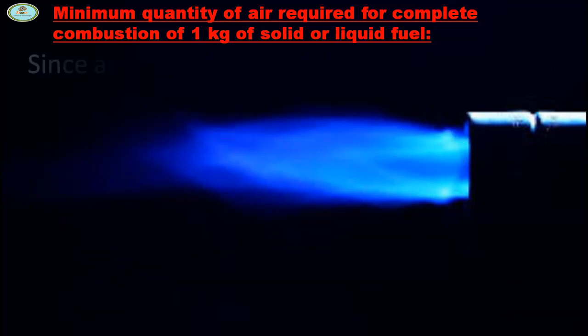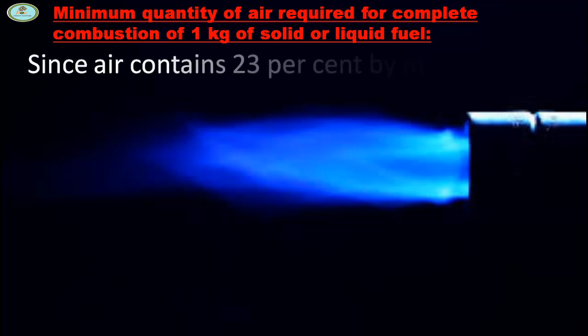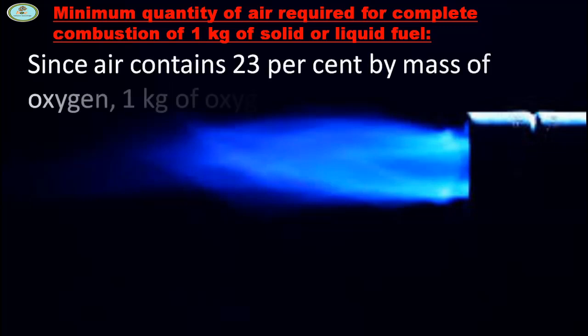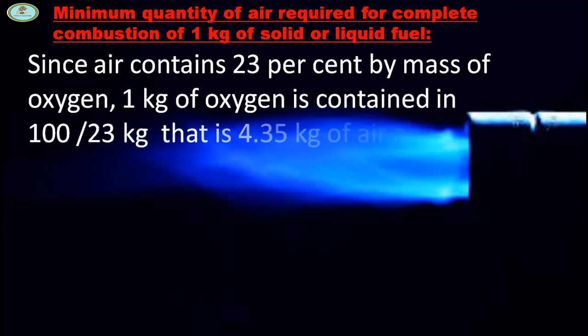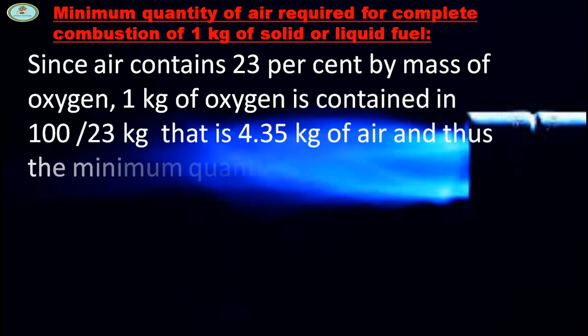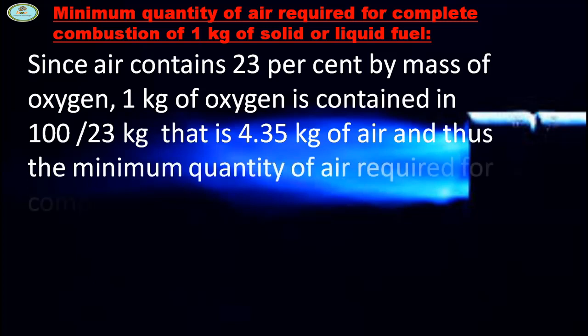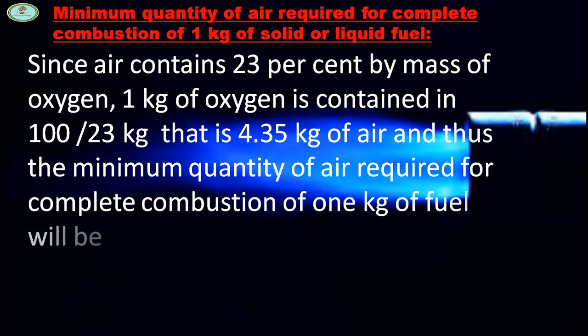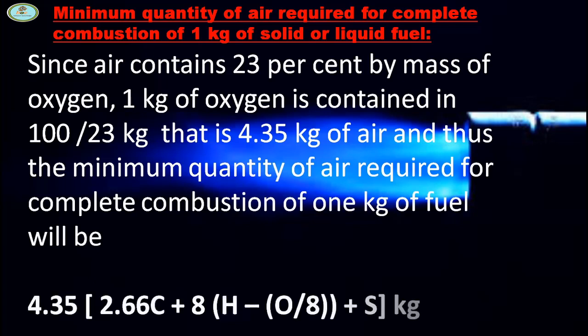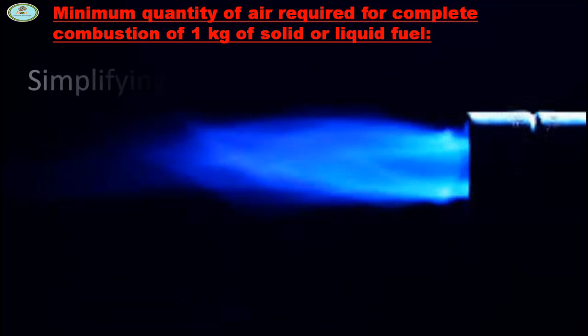Since air contains 23% by mass of oxygen, 1 kg of oxygen is contained in 100 by 23 kg, that is 4.35 kg of air, and thus the minimum quantity of air required for complete combustion of 1 kg of fuel will be 4.35 into [2.67 C plus 8 into (H minus O by 8) plus S] kg.